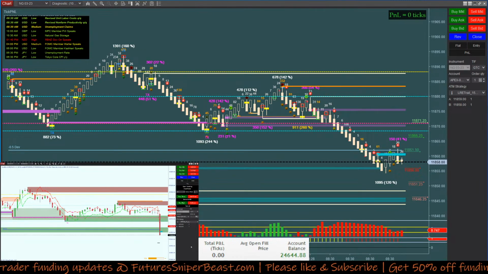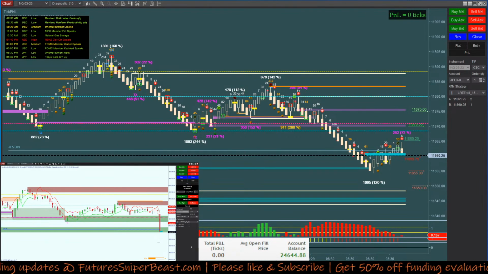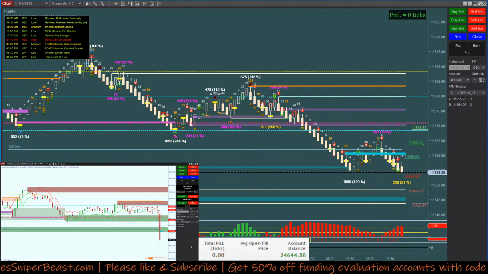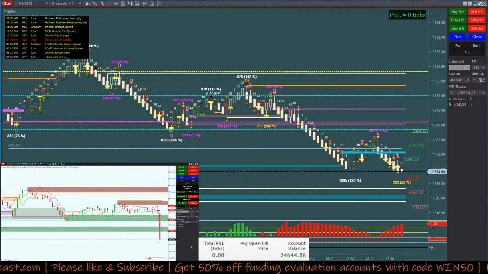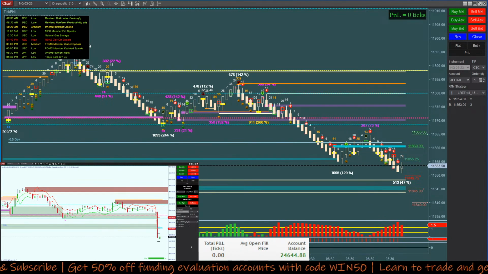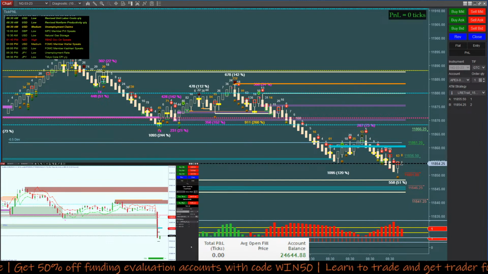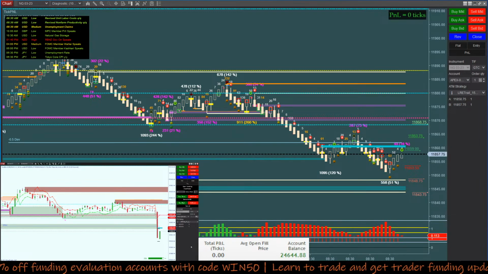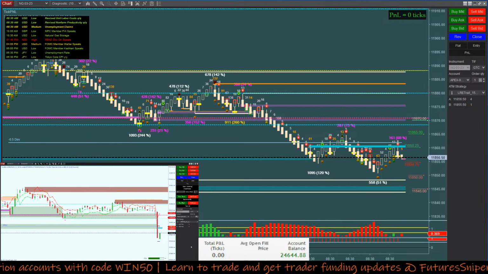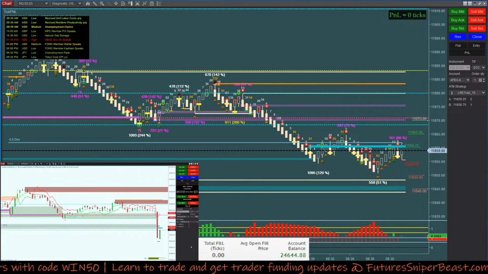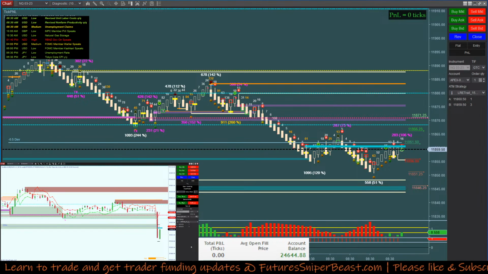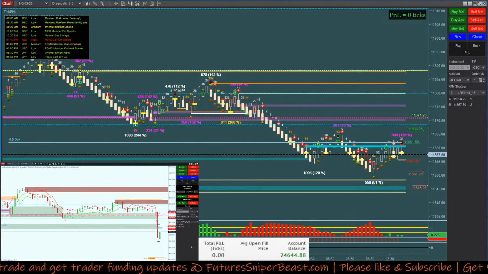Double cluster YM. Double cluster NQ. Cluster NQ.